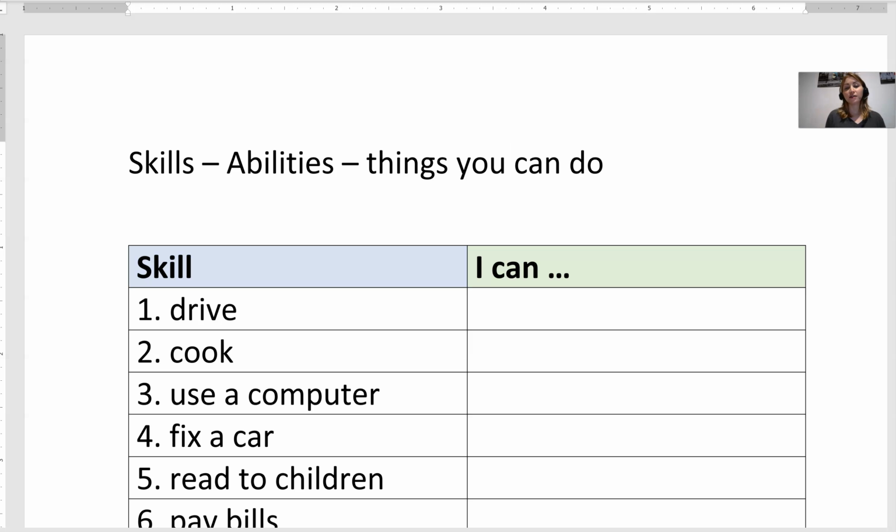Usually we use this word, skills, when we're talking about work, jobs, occupations, maybe a job interview, and they ask you, what are your skills? What can you do? And you need to tell them your activities. What are the things you can do?